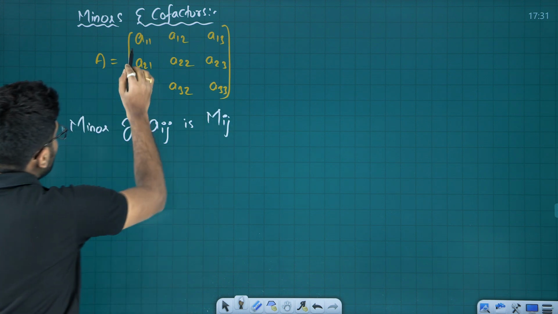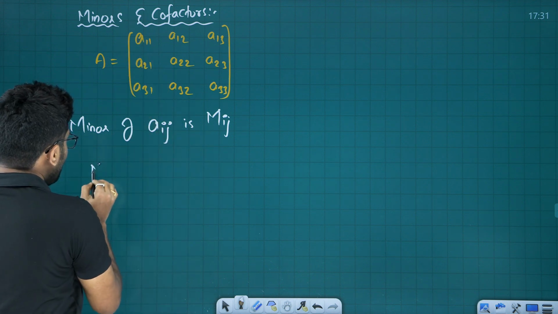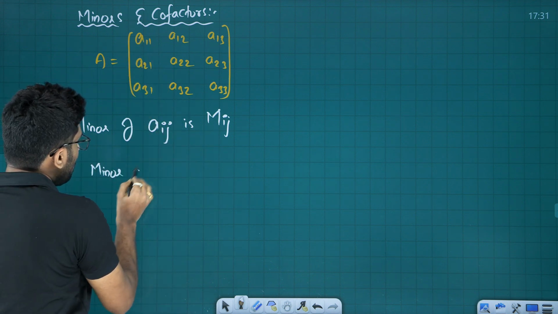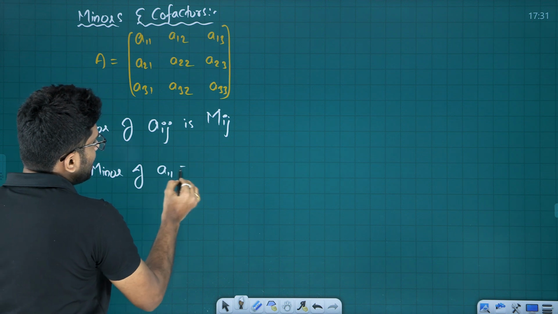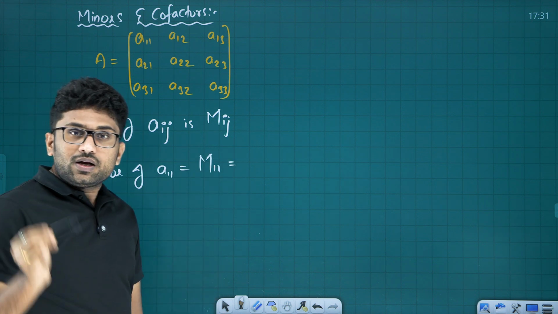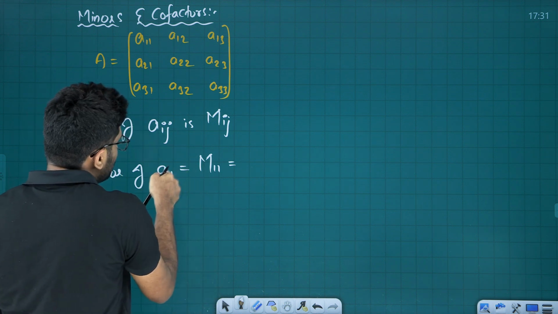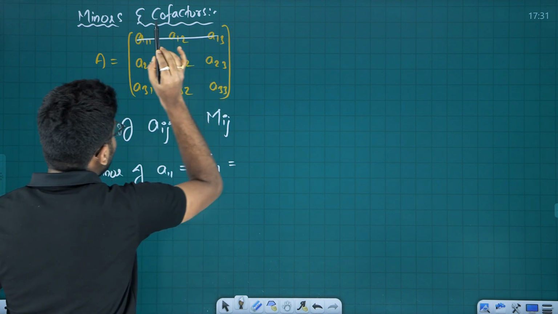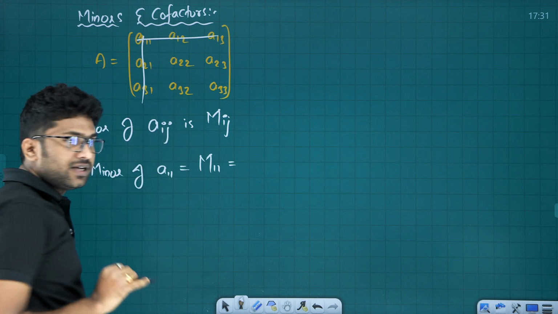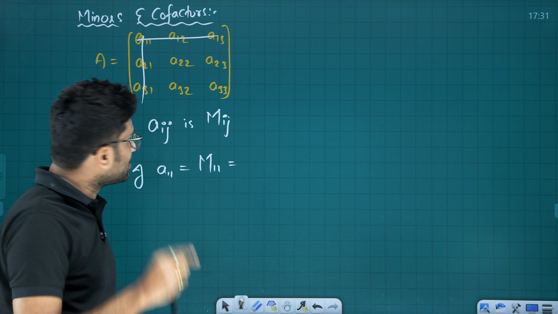So how do we get that minor? The minor of A11 is M11. Now how do we get this M11? For that we have to delete the ith row and jth column. So the first row we have to delete, the first column we have to delete. Then we will get a square matrix.